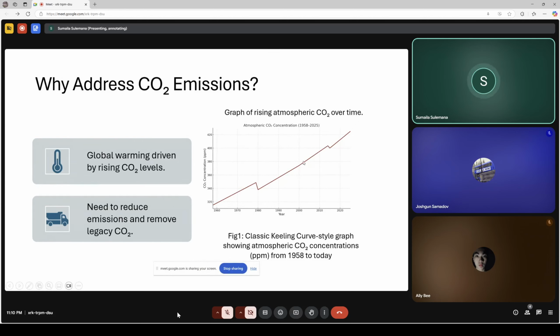This can have a very devastating impact, not only environmentally, but also in terms of the ecosystem and other aspects of human lives.